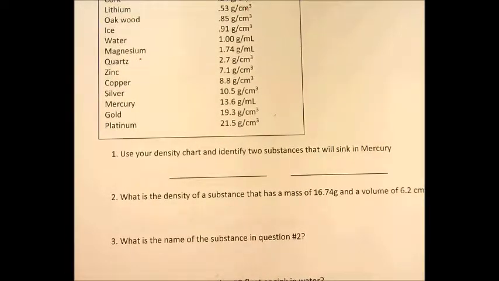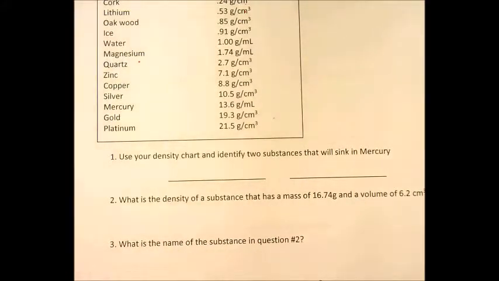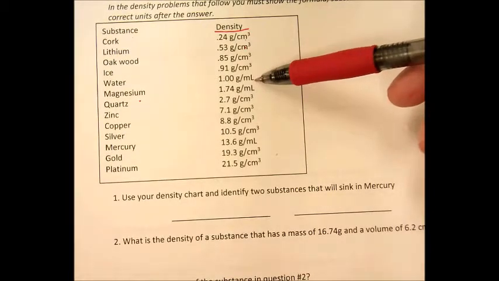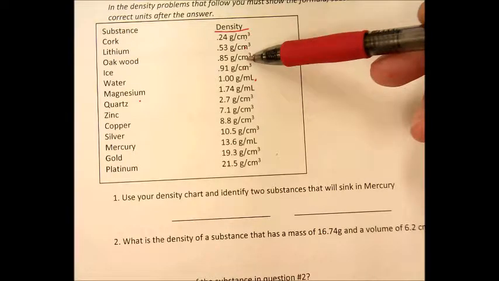So looking at the density chart, number 1: 2 substances that will sink in mercury. Remember, less dense items will float in a substance if they are less dense than that substance, and they will sink if they are more dense. We typically use water at 1. If it's less than 1, like 0.91 or 0.85, it would float.